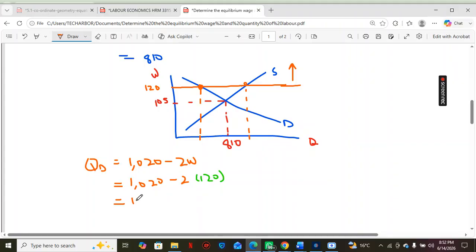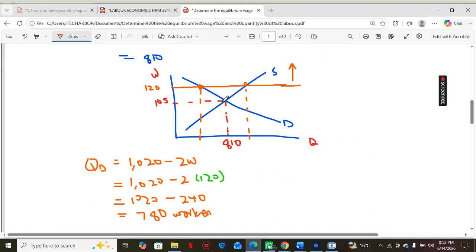So 1020 minus 2 times 120, that is 240. 1020 minus 240 is 780. This is the number of workers demanded, 780 workers.